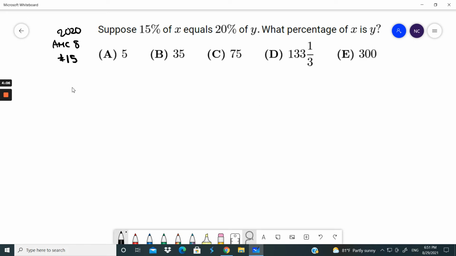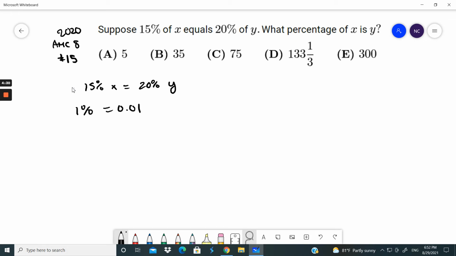The problem says 15% of x is equal to 20% of y. And we want to find what percentage of x is y. Before we start this problem, it's important to note one thing, what a percent means. 1% is actually saying 0.01.